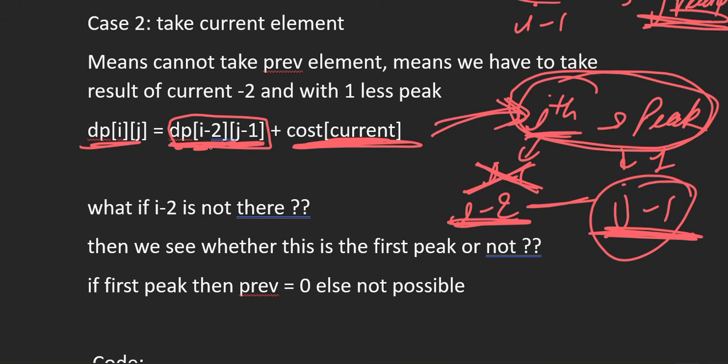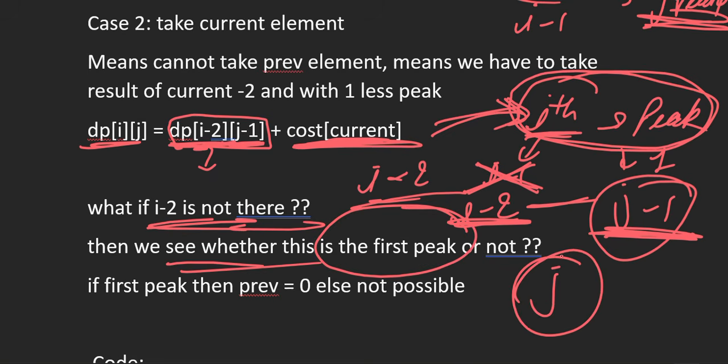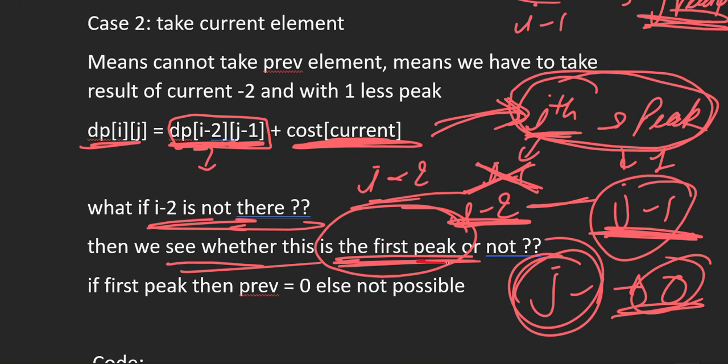Now here we are using i minus 2. What if i minus 2 is not there? Like what if i is less than 2, right? In that case we will see whether the peak that we are trying, that is j minus 1, if j minus 1 is equal to 0, whether that peak is the first peak or not.